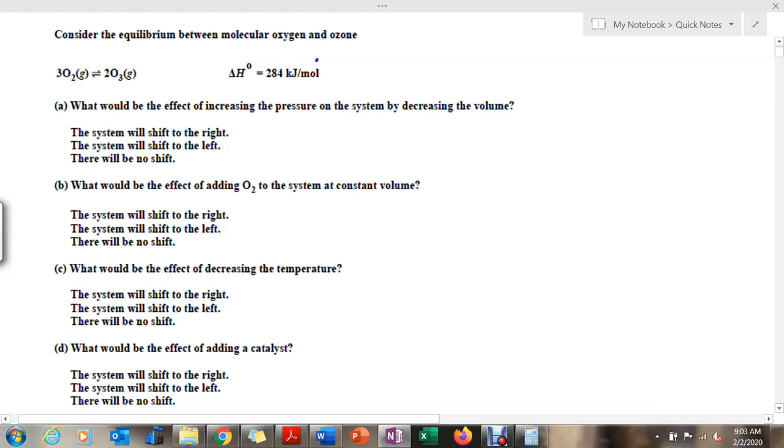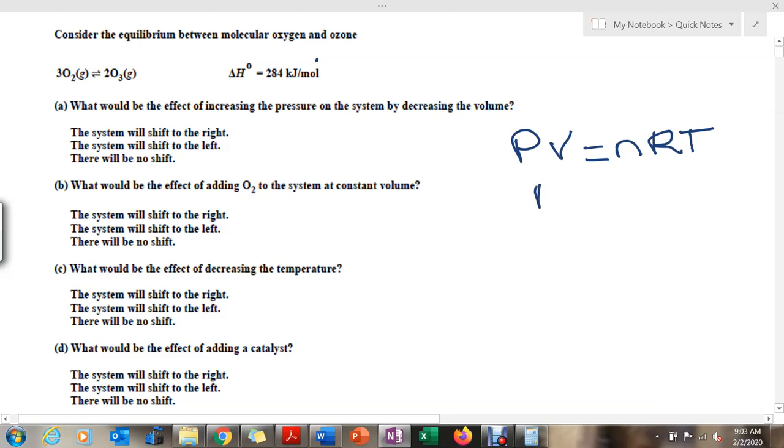Okay, so let's look at the increase in pressure and decrease in volume. According to the PV equation for ideal gas, pressure and volume are inversely proportional, and number of moles is directly proportional.